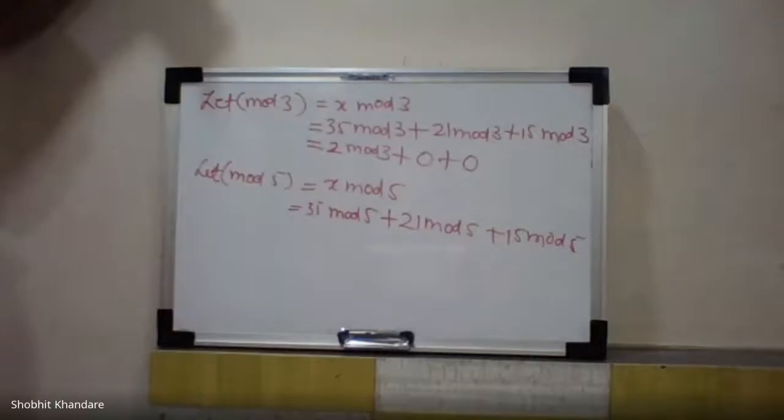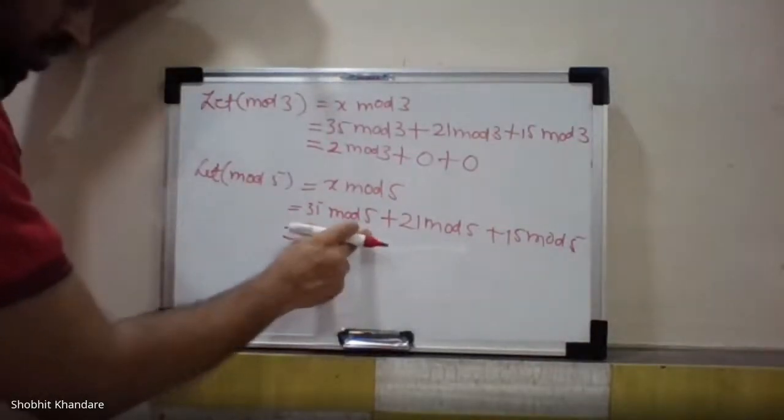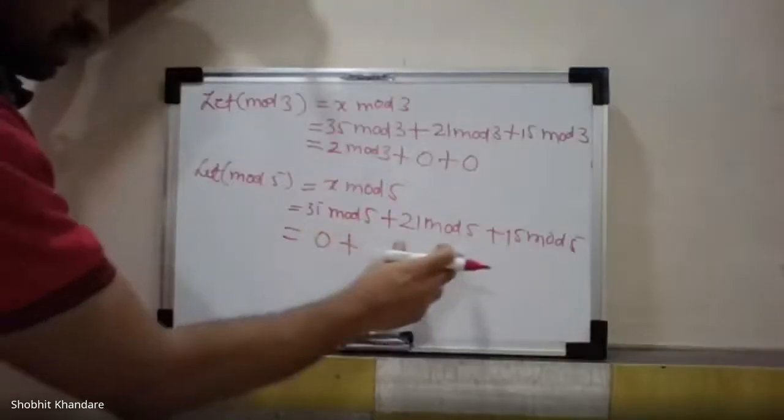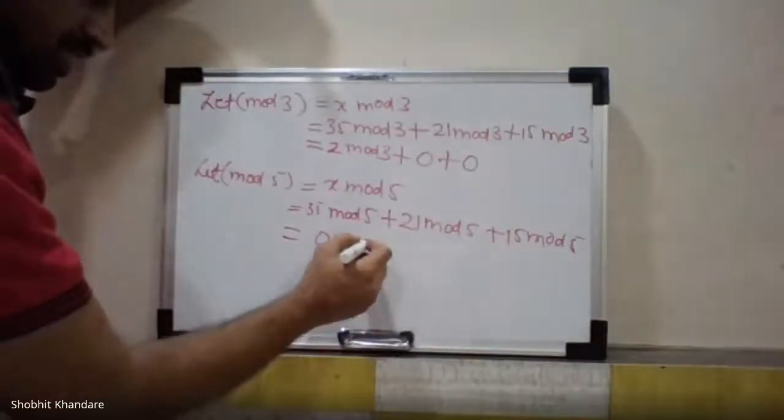Tell me, the first term? 0. Plus the second term? 1. So I can say it is 1 mod 5.